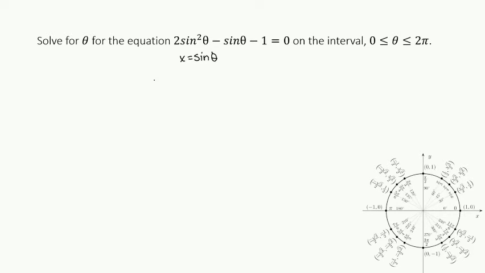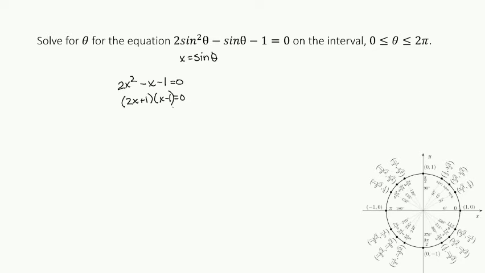If you do this, it's easier to see because it's more like a quadratic. So if it's 2x squared minus x minus 1 equals 0, all you have to do is factor this, which comes out to be 2x plus 1 and x minus 1 equals 0.